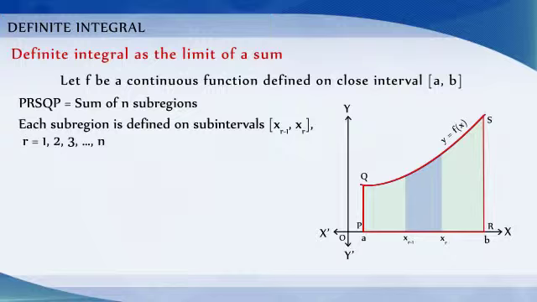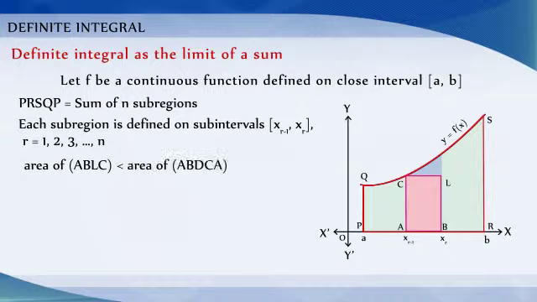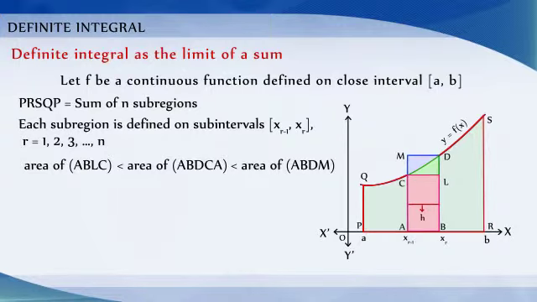From the graph, it is clear that area of rectangle ABLC is less than area of the region ABDCA, which is less than area of the rectangle ABDM. Therefore, as xr minus xr minus 1 approaches 0, that is, h tends to 0, all the three areas become nearly equal to each other.